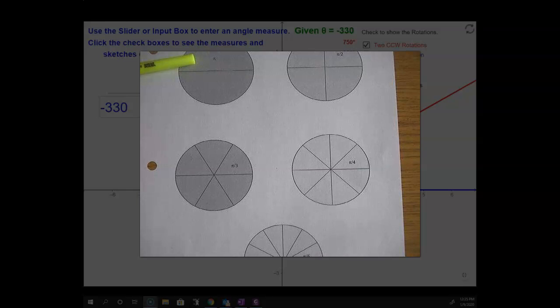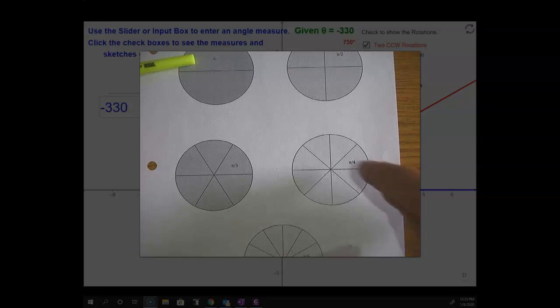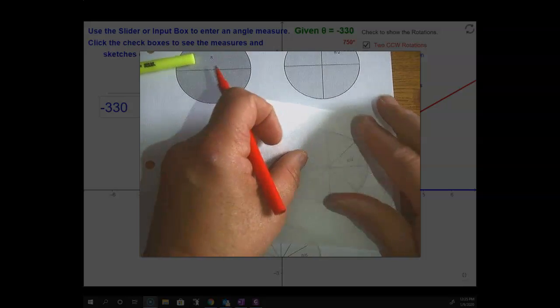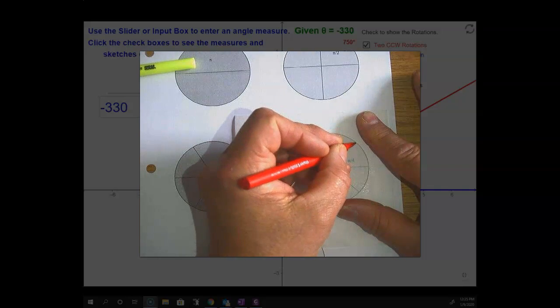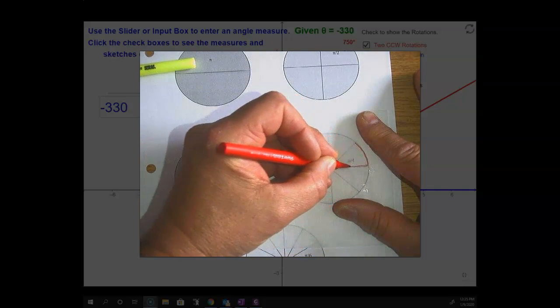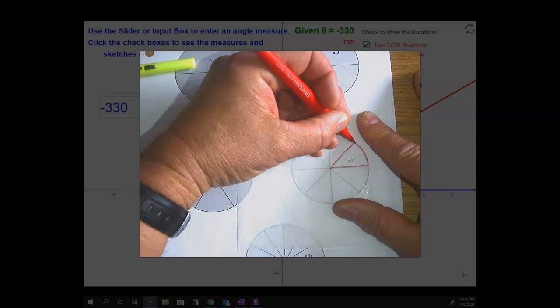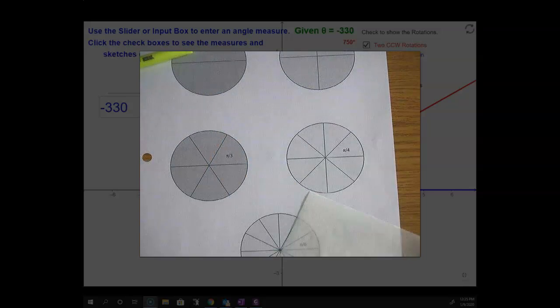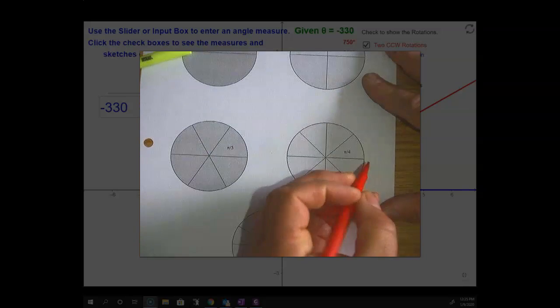So pi over 4, guys, that just means the circle is divided. The top half of the circle is 4 slices. The bottom half's 4 slices. So it's 8 slices. So a pi over 4 piece is this big. Okay? So when I count on these, the way you count, this is 0.